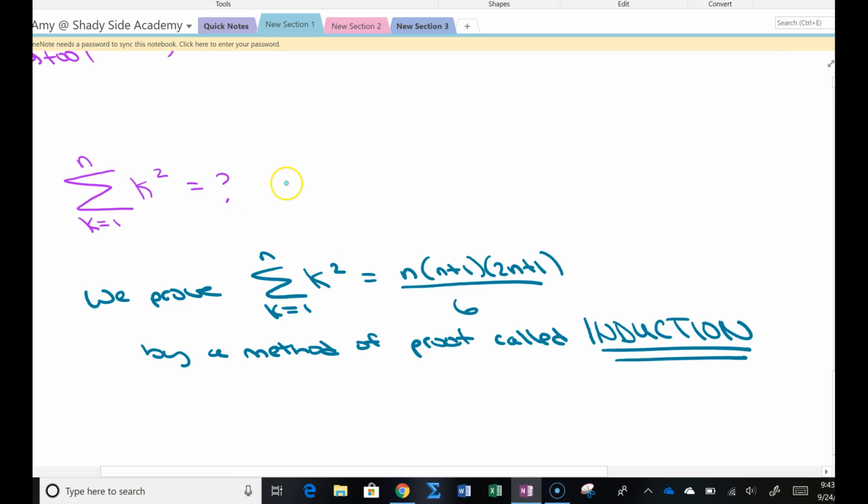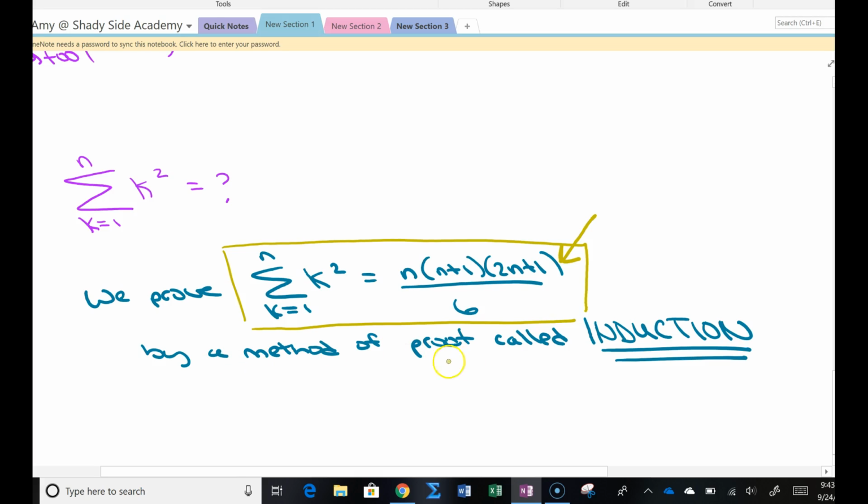So to prove that the summation from k equals 1 to n of k squared just equals this, we have to prove this by a method of proof called induction. Here's the thing.